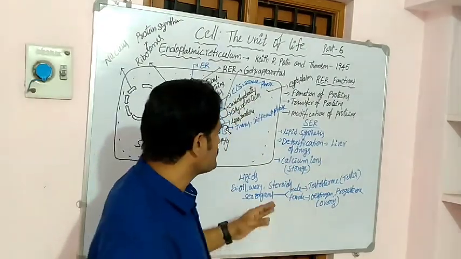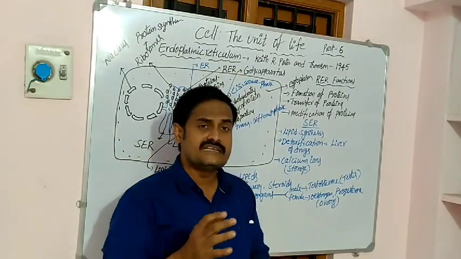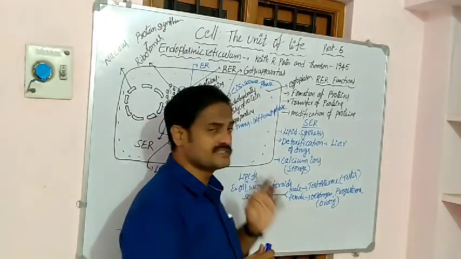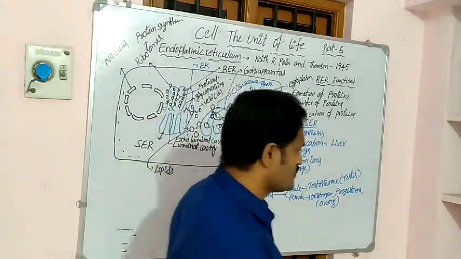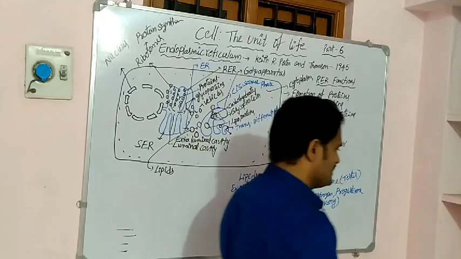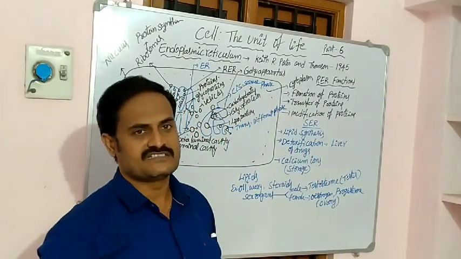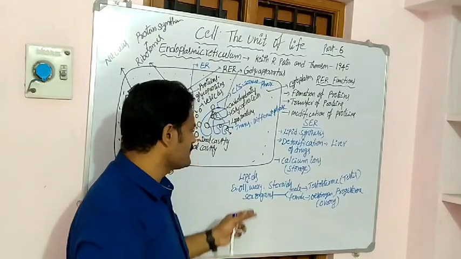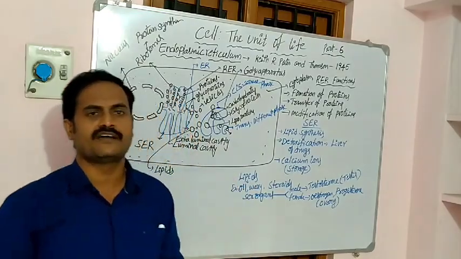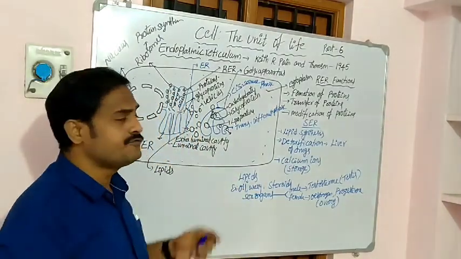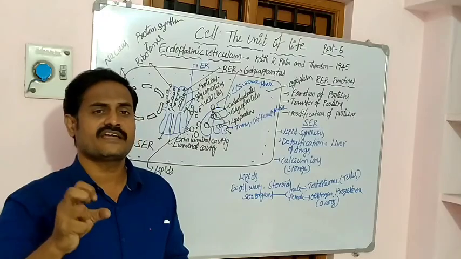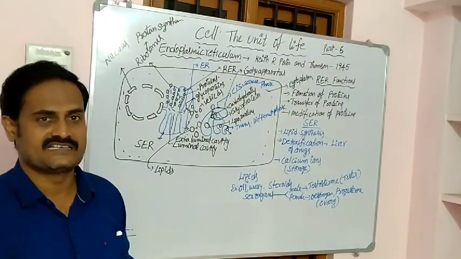Now coming to the calcium ions. How are the calcium ions released from the smooth endoplasmic reticulum? This is helpful for the contraction of the muscles. What is the main importance of calcium ions? It is helpful for the contraction of the muscle cells.